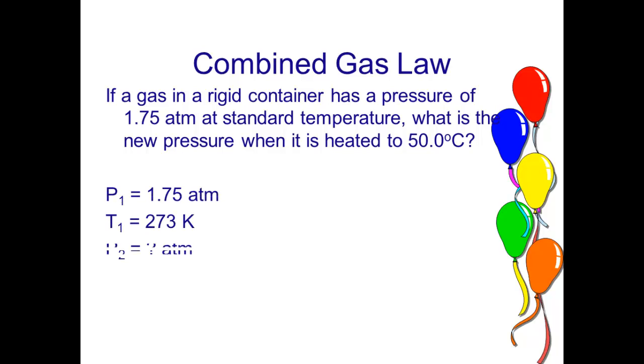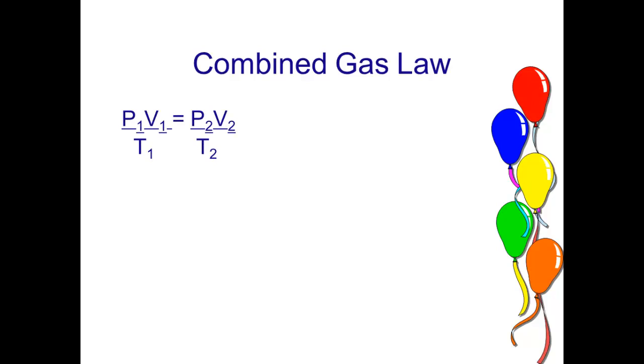Here's what we have. What law does this look like then? This is Gay-Lussac's law. Because volume doesn't change, V1 equals V2, we could put that into the equation if we wanted, but think about math, if you have the same thing on the left and on the right, what happens to it?